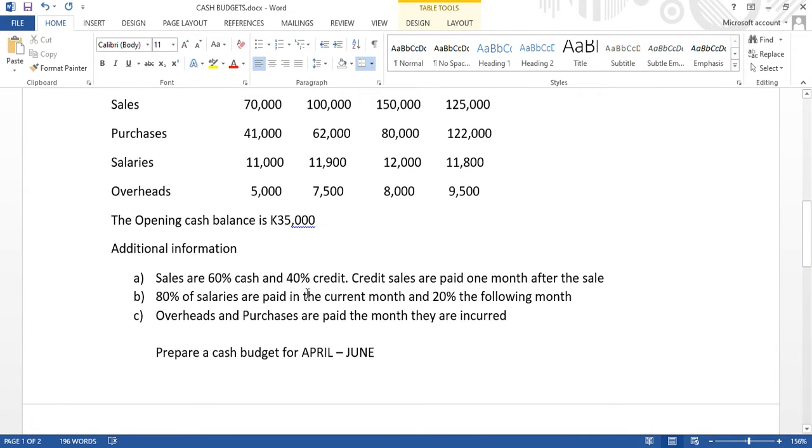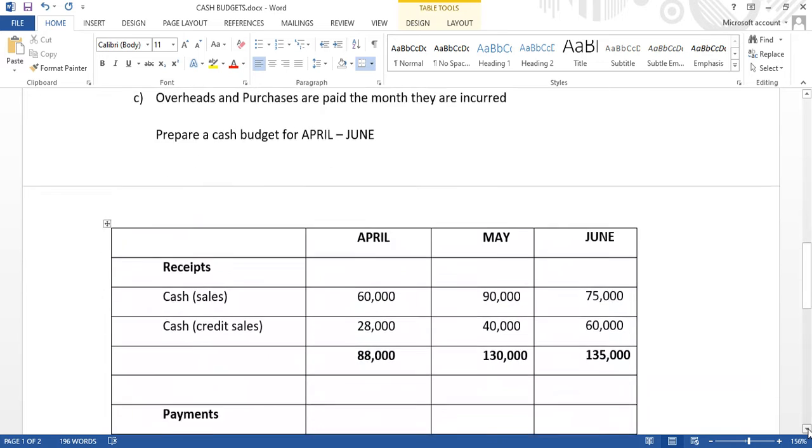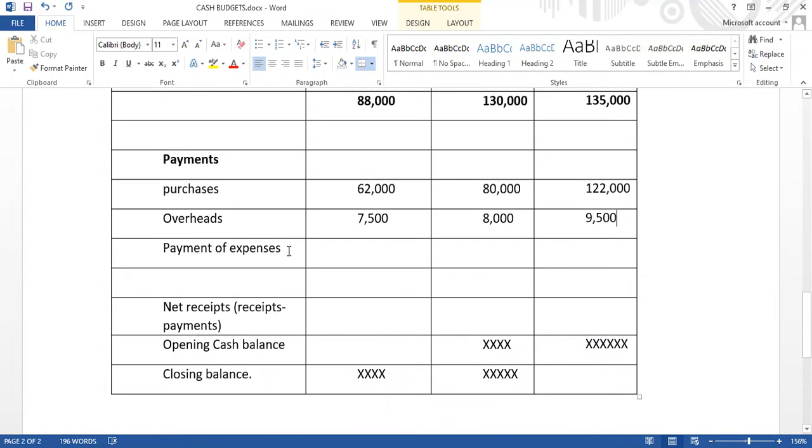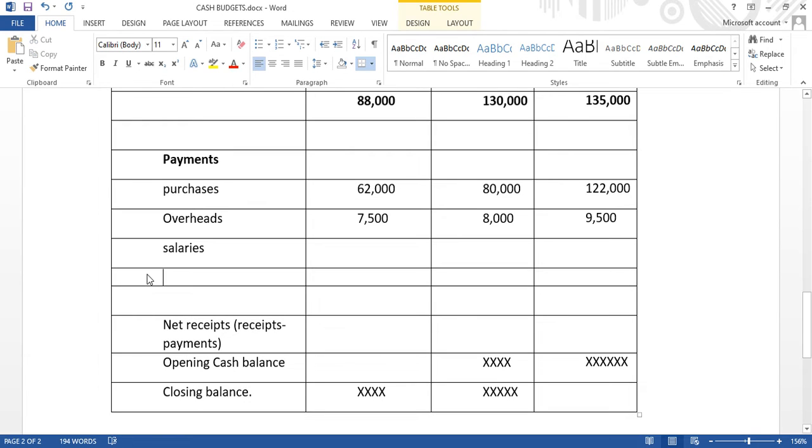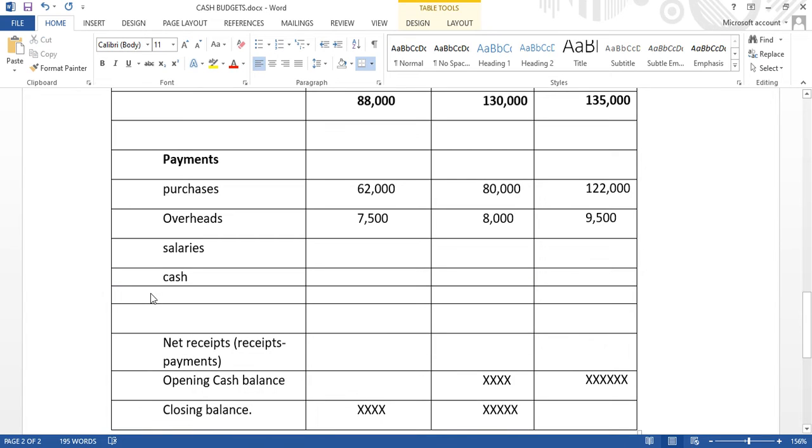All right. Then salaries. 80% of the salaries are paid in the current month and 20% in the following month. So we have to break down salaries. Salaries that are paid in cash.